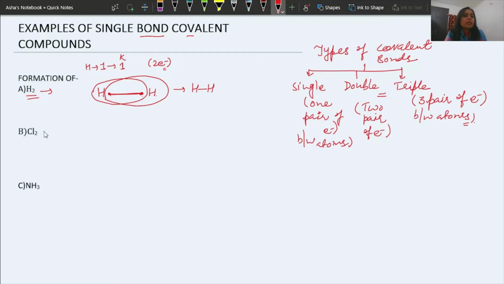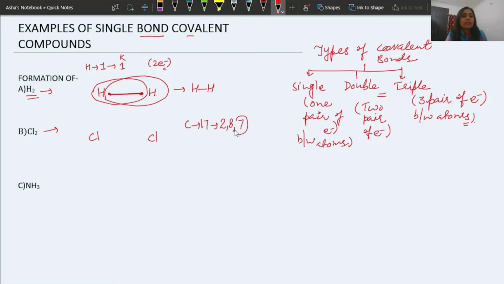Now similarly, if we go to chlorine, there are 2 chlorine atoms, Cl and Cl. The valency of chlorine is 7. Its atomic number is 17, so its electronic configuration will be 2, 8, 7. In the last shell, you know that it needs 1 more electron according to the octet rule to become stable.